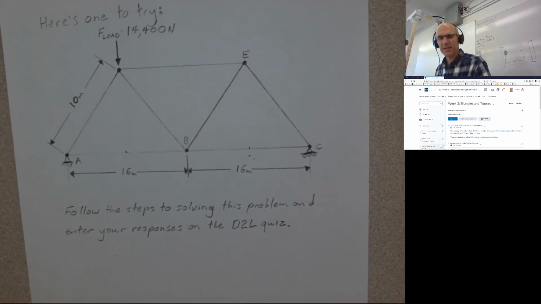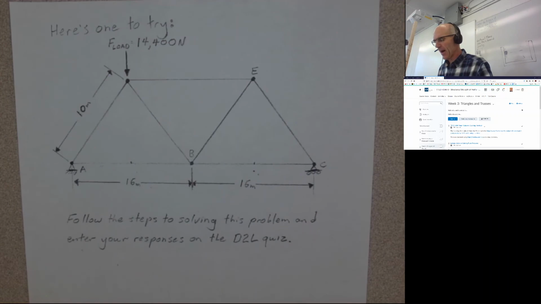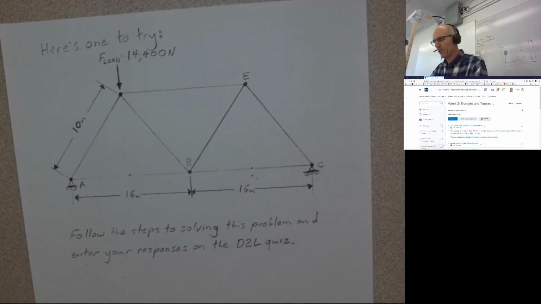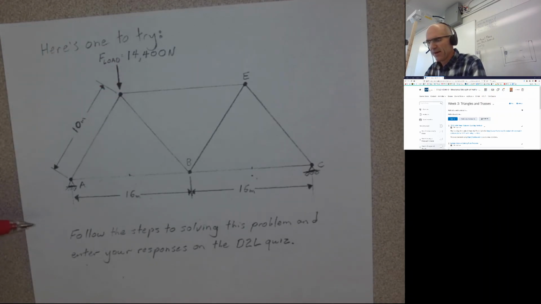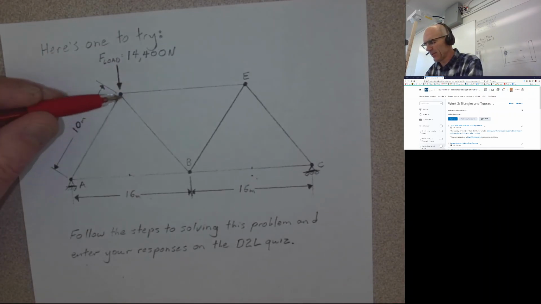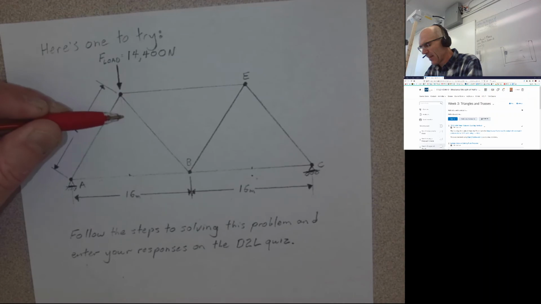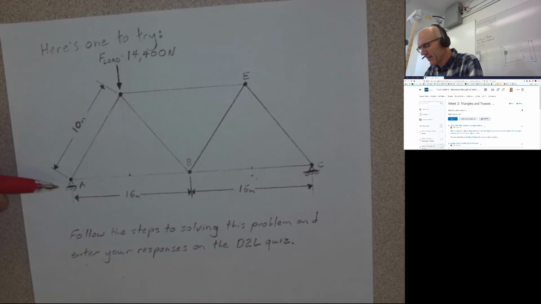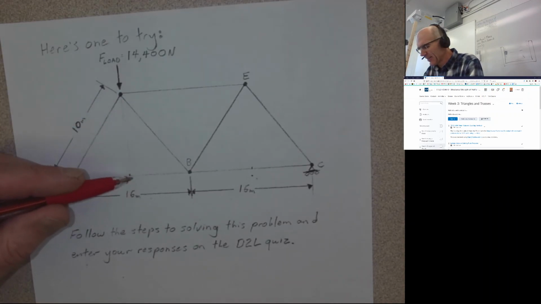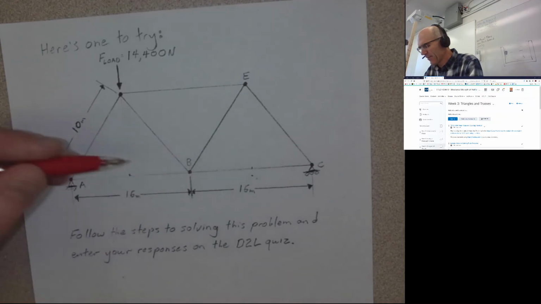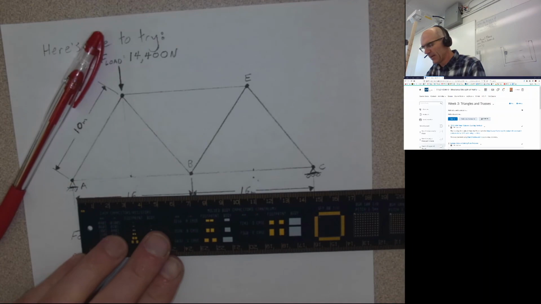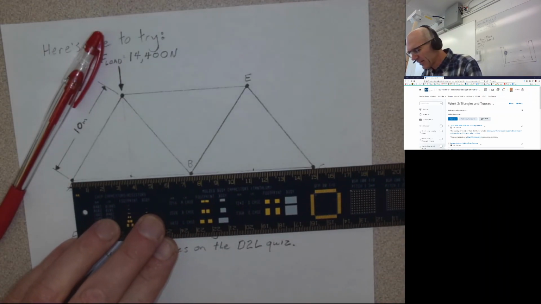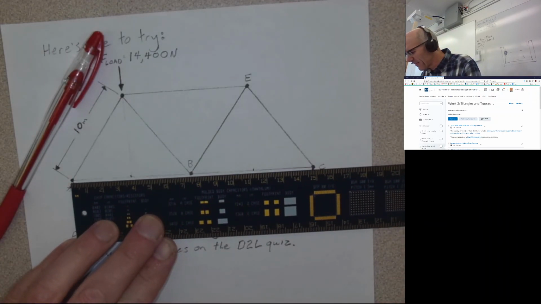So here's one that you can try. We've got a load acting right here of 14,400 newtons. You'll find some of these numbers have been chosen to make sense. If you come down right here to get started, 16 meters, so this is halfway from there to there. I try to draw these to scale, so if you're not quite sure and you want to double check, you can take that out, and it looks like that.